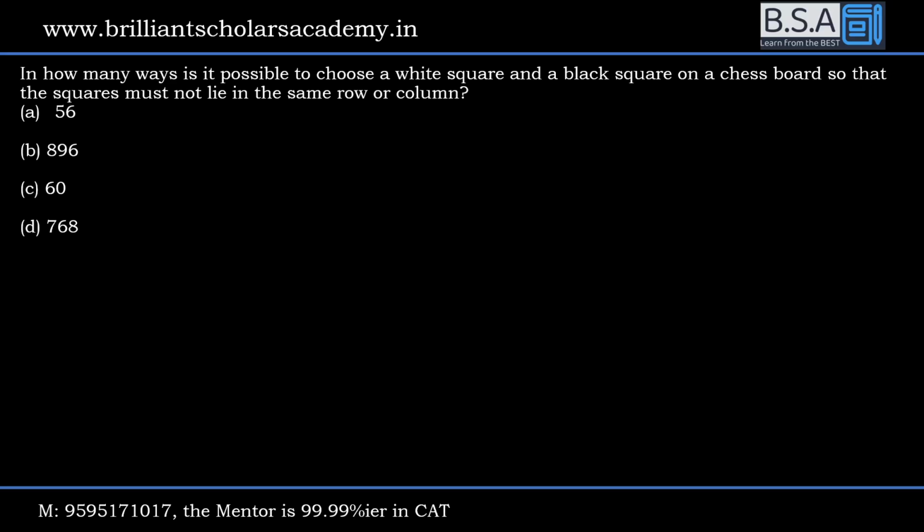In how many ways is it possible to choose a white square and a black square on a chessboard so that the squares must not lie in the same row or column?